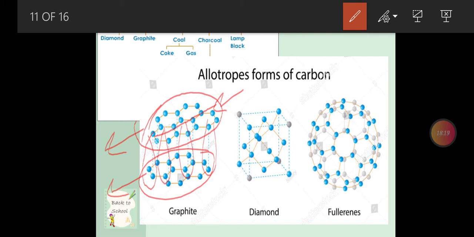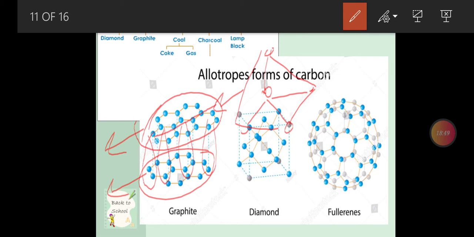All right, let's talk about diamond. In diamond it is a tetrahedral arrangement of carbon atoms, meaning one carbon atom is bonded with four other carbon atoms. This tetrahedral arrangement of carbon atoms is involved in diamond, and this makes diamond the hardest known substance.